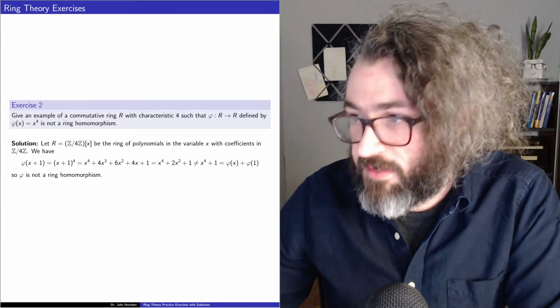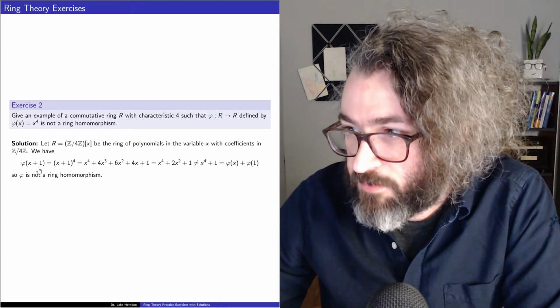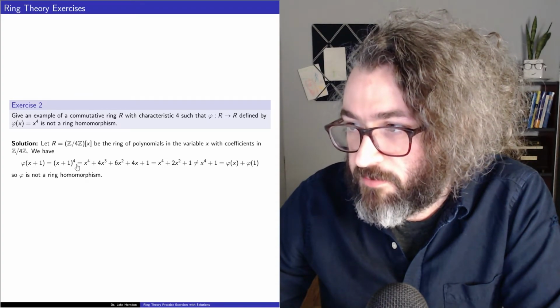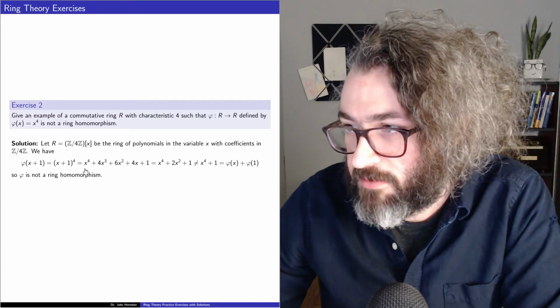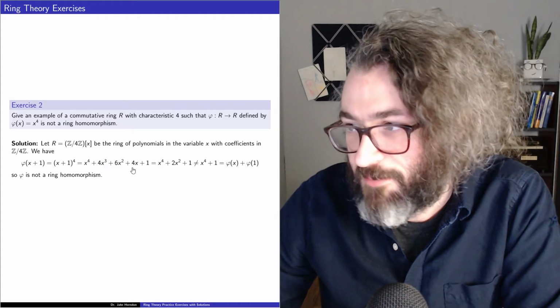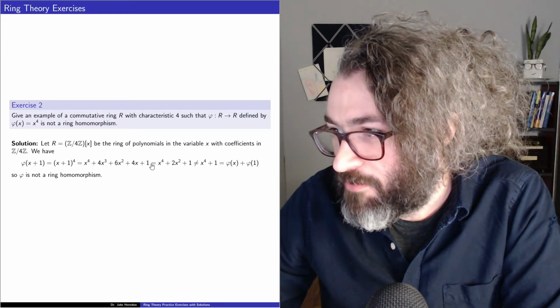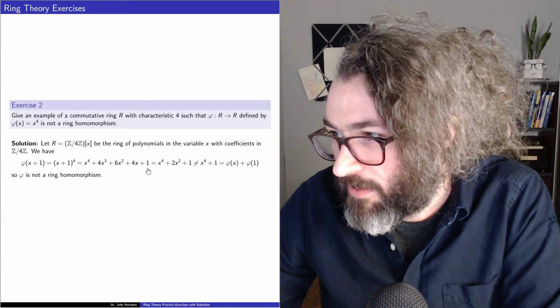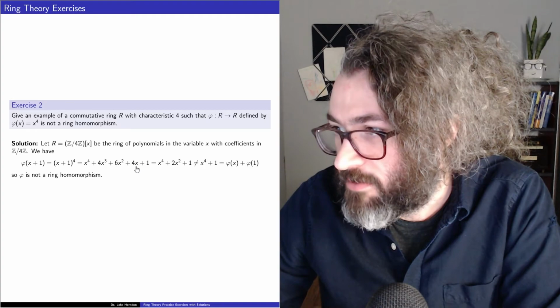So we have this, and you might have to check this in your scratch work, but phi of x plus 1 is equal to x plus 1 to the fourth. If you expand x plus 1 to the fourth, you get x to the fourth plus 4x cubed plus 6x squared plus 4x plus 1. And now when you take the coefficients mod 4, this 4 goes away, this 6 becomes a 2, and this 4 goes away.